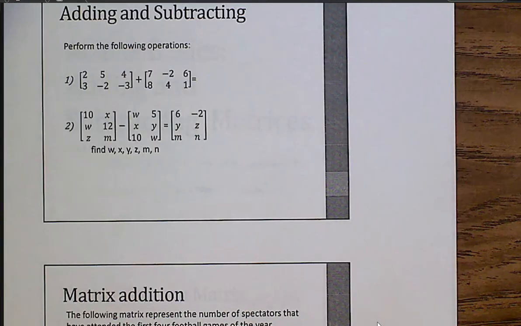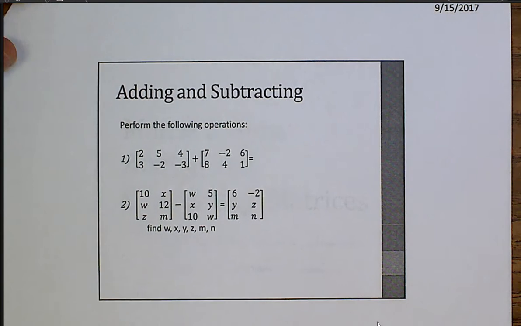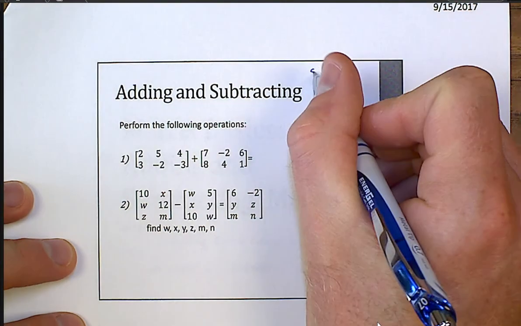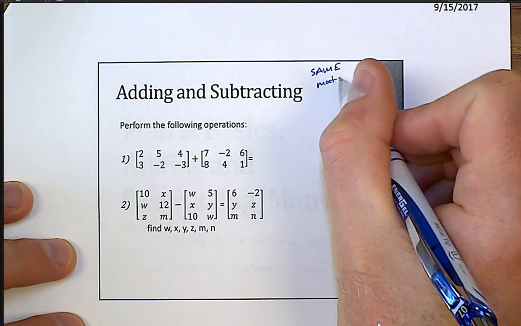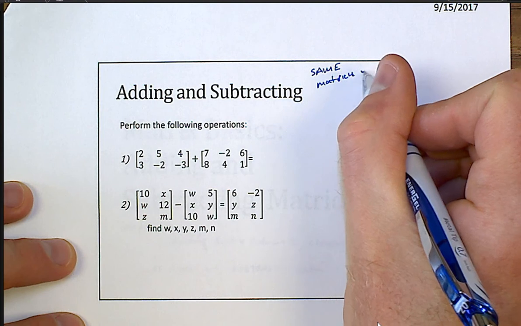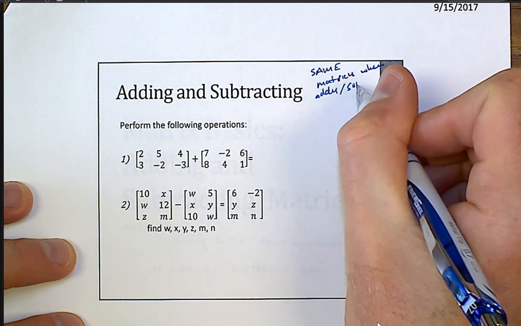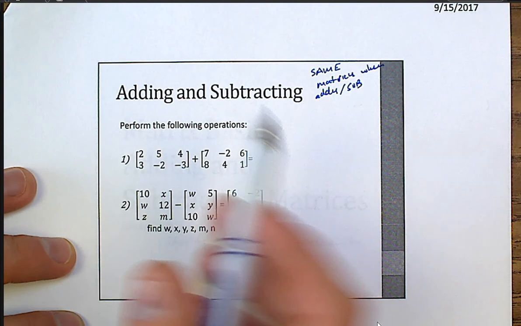Next, we're going to get into adding and subtracting matrices. Here's what you need to make sure you do. You need to make sure you have the same matrix dimensions when adding and subtracting. What I mean by that is, for example, if you look at number 1, I always identify the rows by columns.